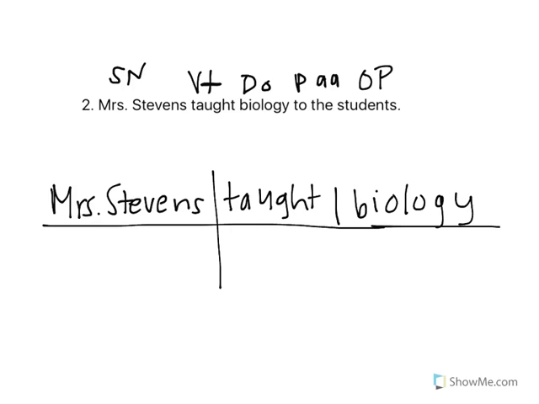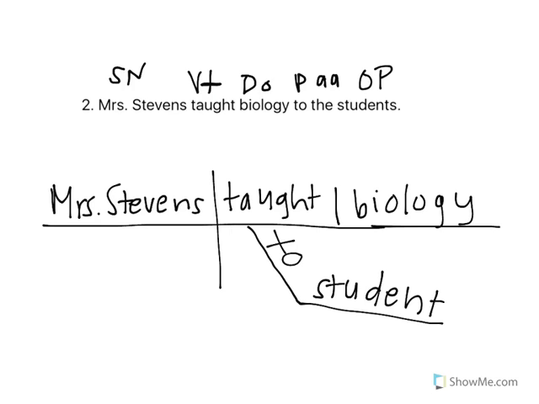Now our prepositional phrase is going to be found under taught because it's acting as a modification to the word taught. Who did she teach? The students. Miss Stevens taught biology to the students.